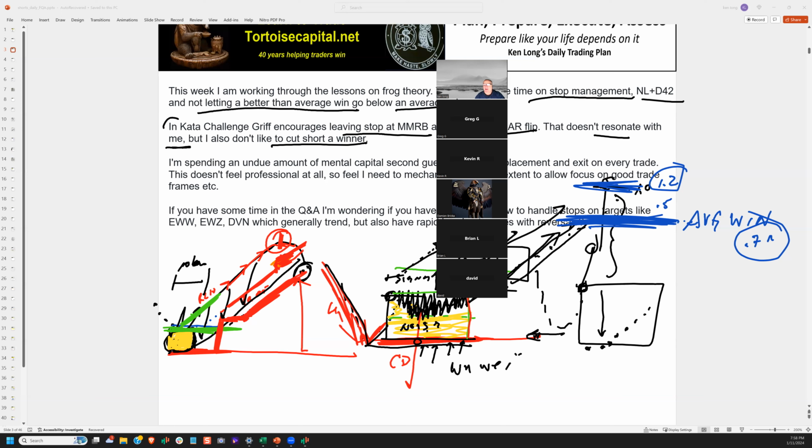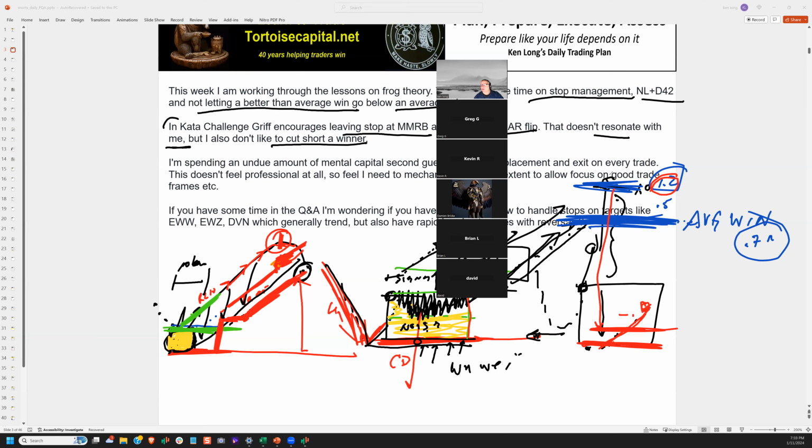But my actual stop, if I was just using the PSAR trail from the initial, might be here. If I was just trailing with the PSAR from the get-go, it might be here. And I could actually end up letting the 1.2 win all the way down and take a minus 0.8 loss. That would hurt my feelings.